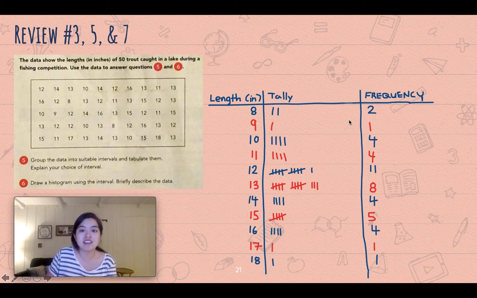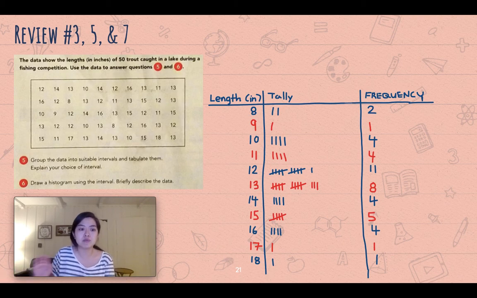I could just use these marks and draw a histogram like this, where my interval would just be 1 inch in between, and there would be 11 intervals where each interval represents just that number itself.